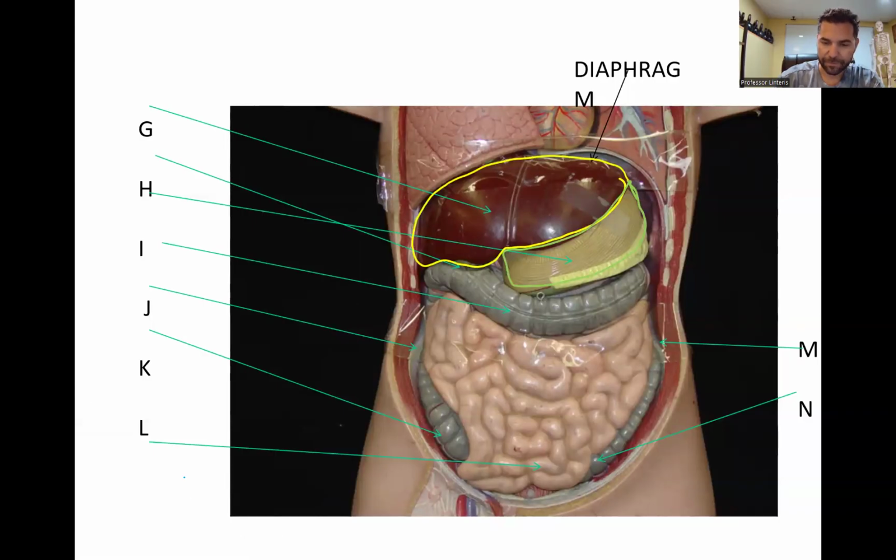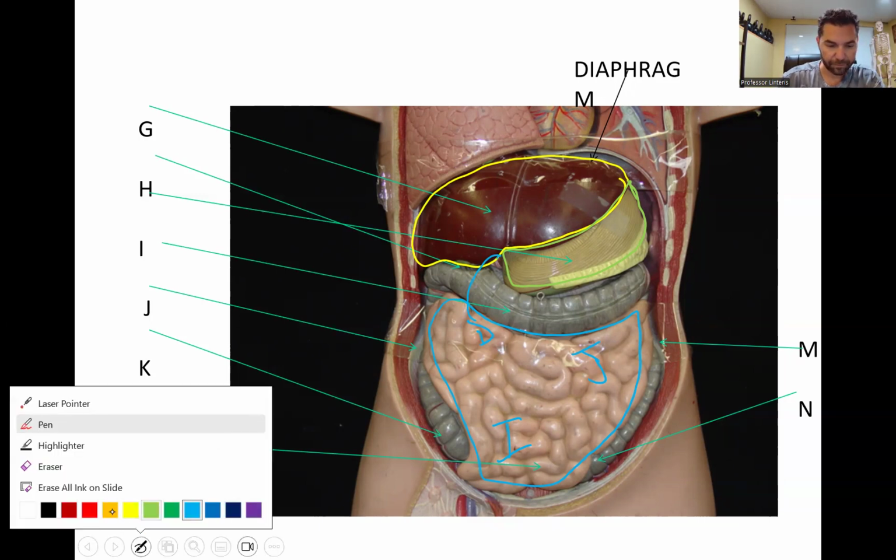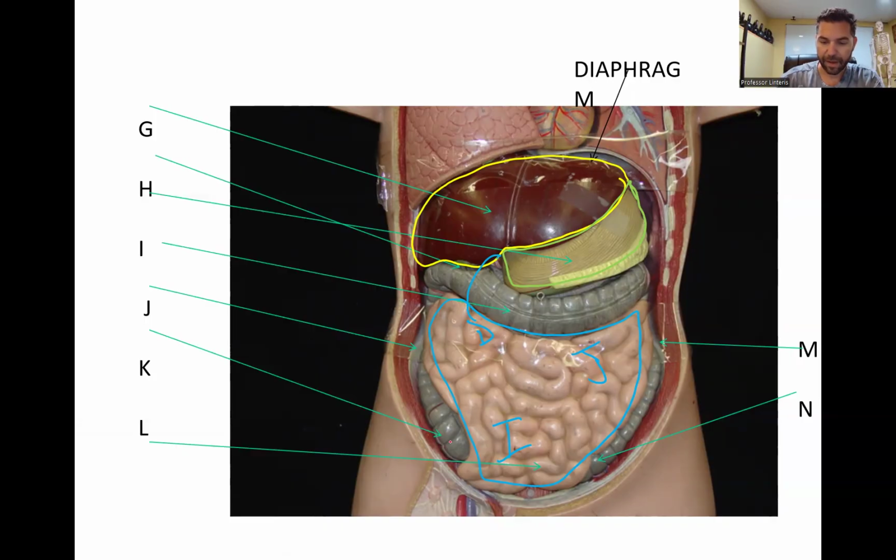On this picture, we can see obviously all of this is small intestine. I usually highlight the jejunum over here, the ileum down here, and the duodenum up here because it would be coming off the stomach. We can see, pick a color I haven't used, the cecum, the ascending colon, the transverse colon, the descending colon, and a piece of the sigmoid colon.